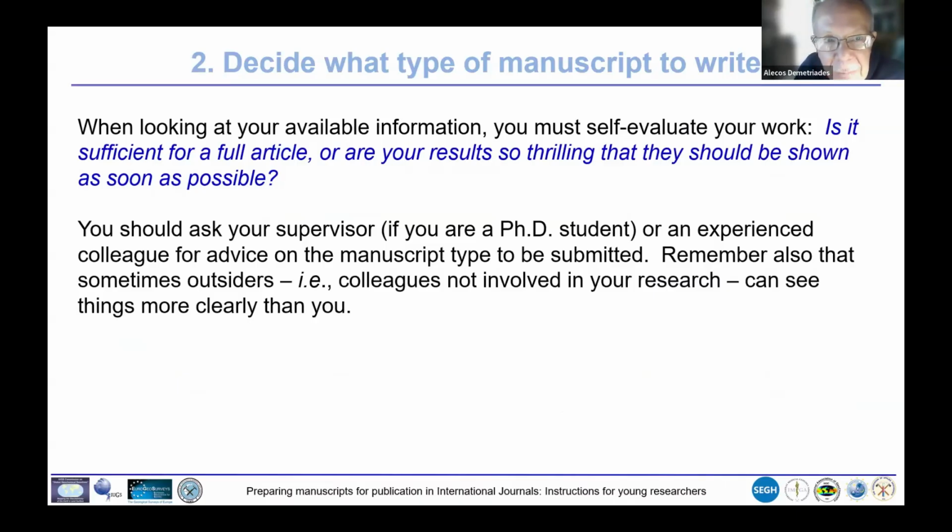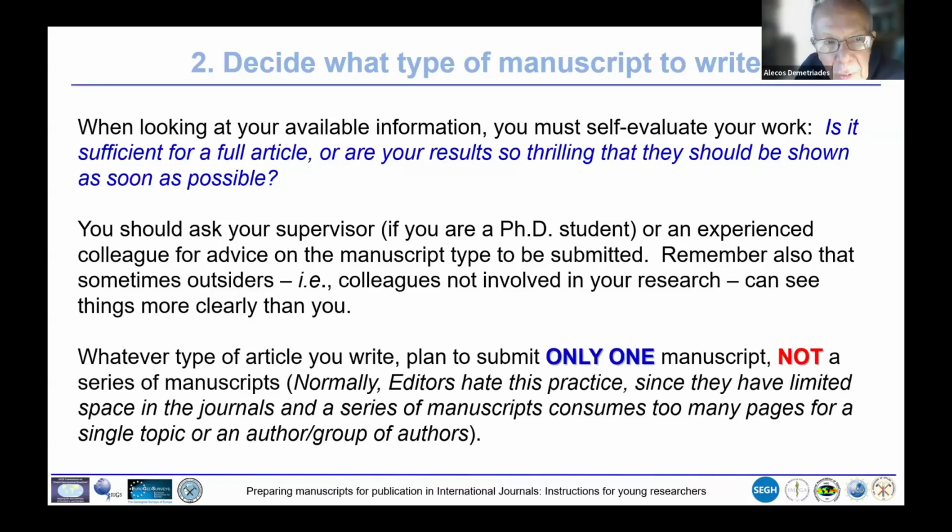Remember also that sometimes outsiders, that is, colleagues not involved in your research, can see things more clearly than you. Whatever type of article you write, plan to submit only one manuscript, not a series of manuscripts. Normally, editors hate this practice since they have limited space in the journals and a series of manuscripts consumes too many pages for a single topic or a group of authors.